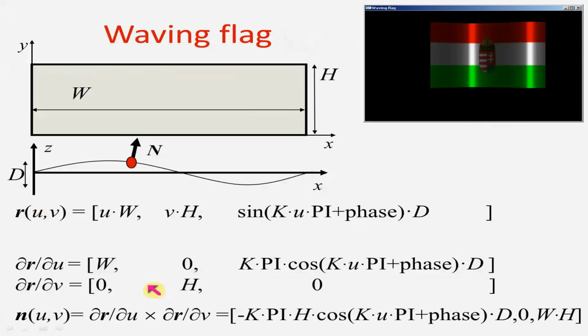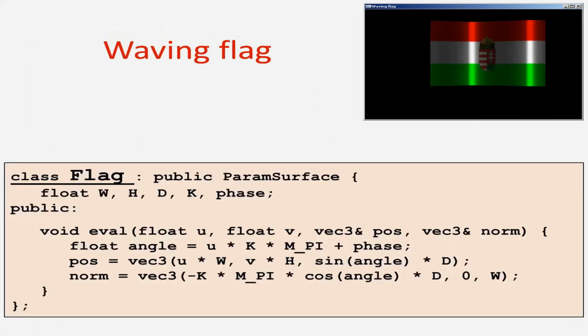Another example is the waving flag that is modulated by a sine wave. As stated, the normal vector is just the cross product of the two partial derivatives of the parametric function. Again, only the evaluation function needs to be implemented on this level, which assigns the position and the normal vector to parameter pair u and v.